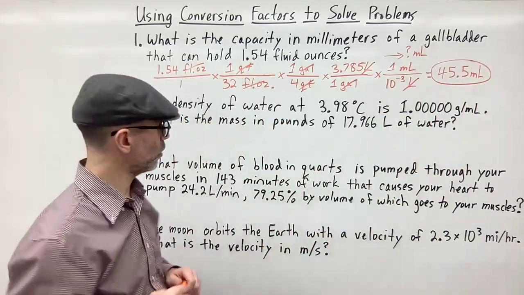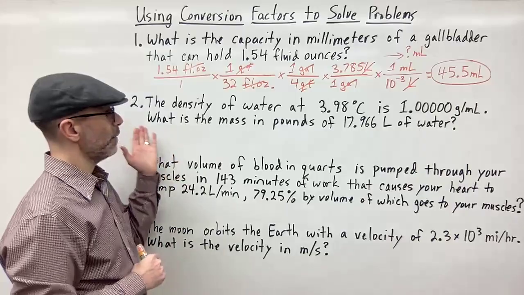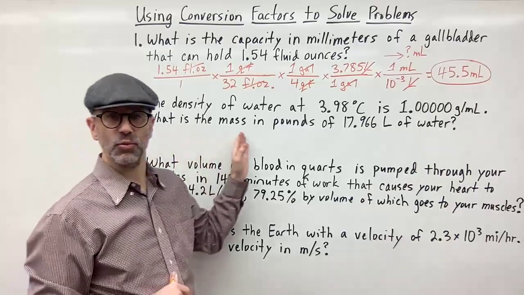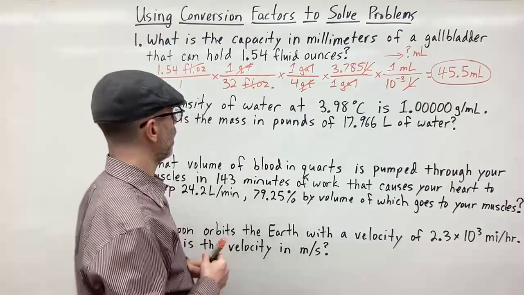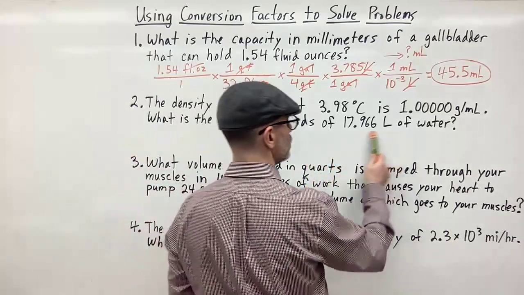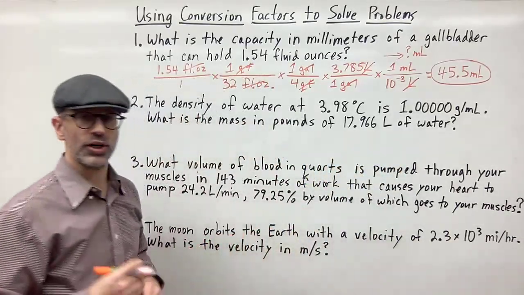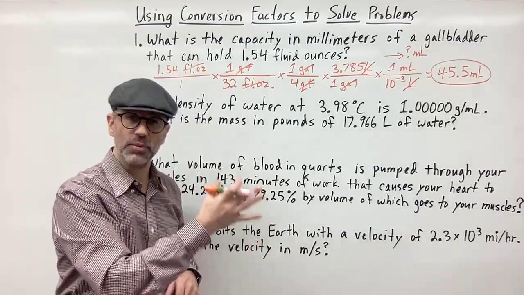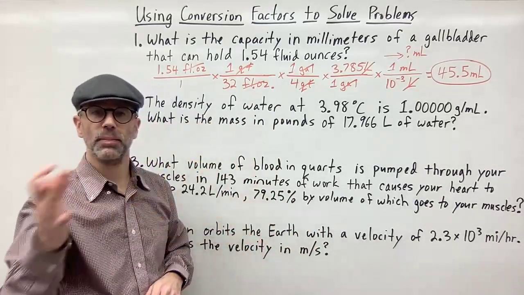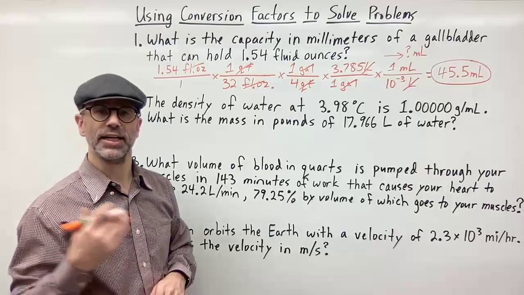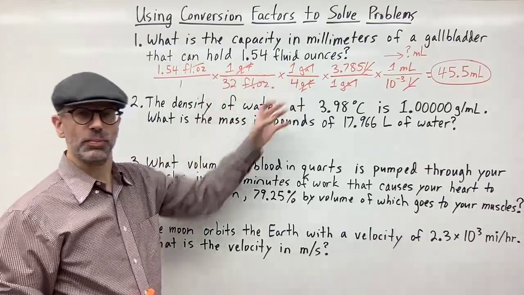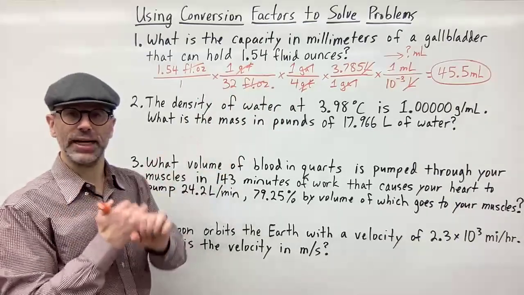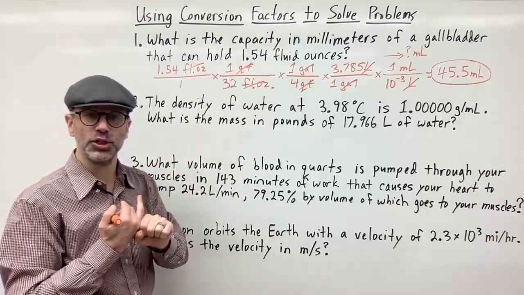That's going to be important, because they're asking us to convert to mass, but they're giving us liters, which is a volume unit. So in order to get from the volume to the mass, we need to use the density as a conversion factor.